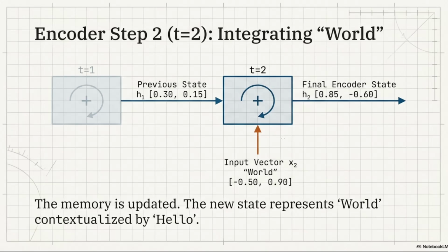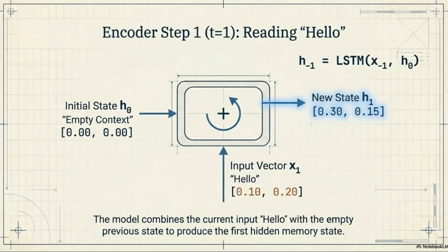And now at T2, this is where the magic of the recurrence happens, or the memory. We input the vector for the word "world", but we also input the hidden state from the previous step. So it's not just zeros, it's the previous output, which was 0.3, 0.15.